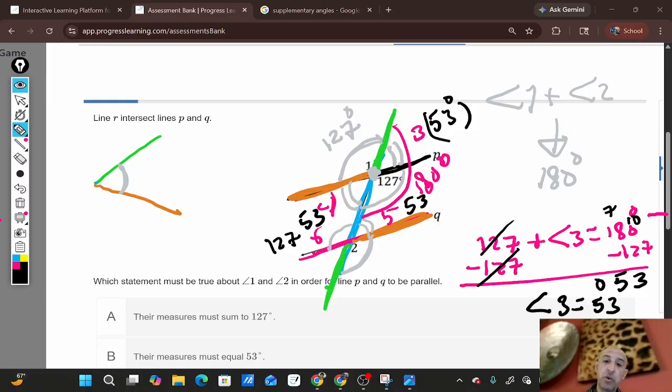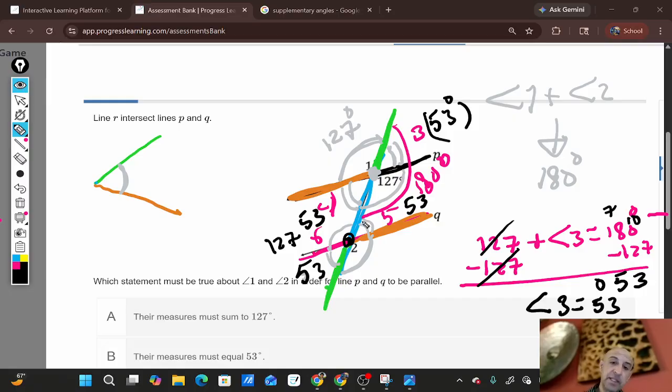Okay, if we know that this angle here and this angle here meet with the same head, so if angle 5 or this angle is 53, that's mean this angle here is 53.